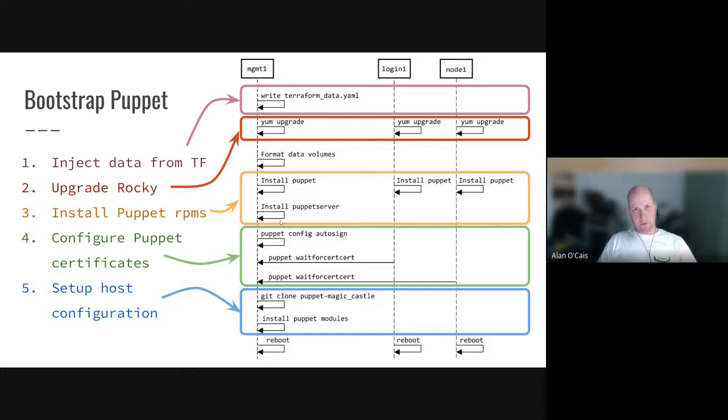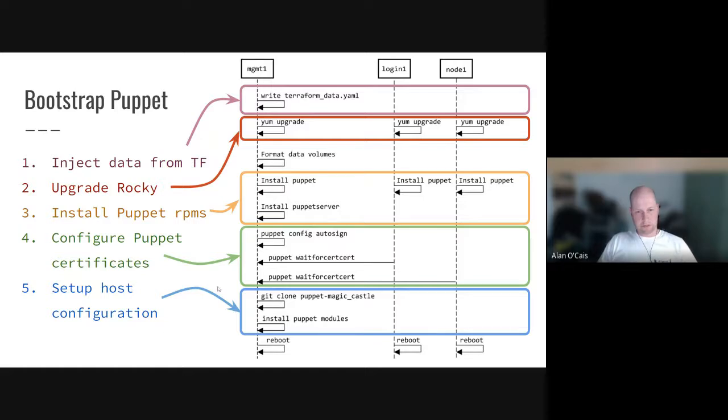Also, Puppet server will be installed on management 1. At that point, Puppet will run for the server, and then the others will wait until the server has properly finished, before they contact it and look for information so that they can configure themselves.